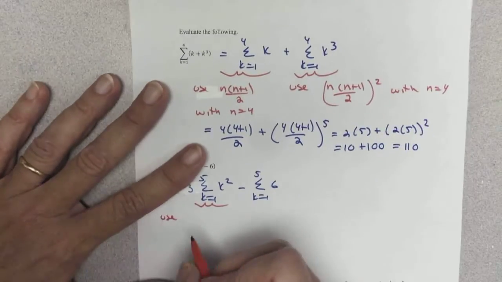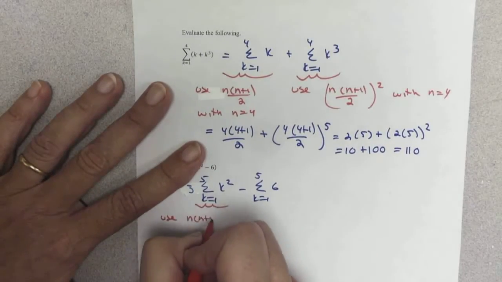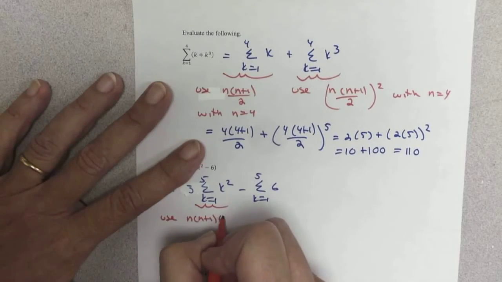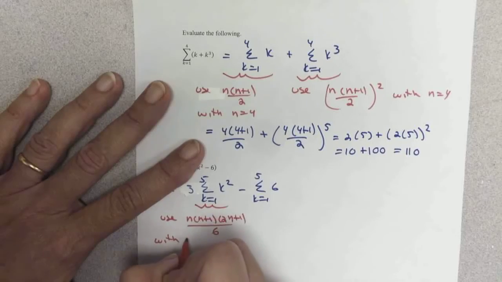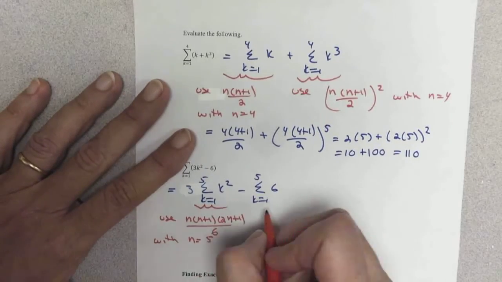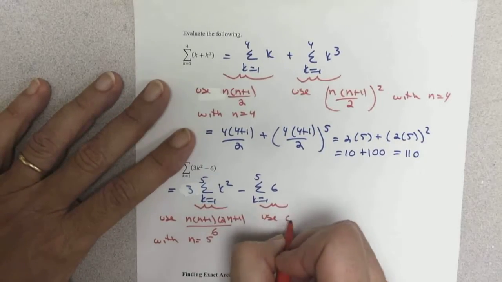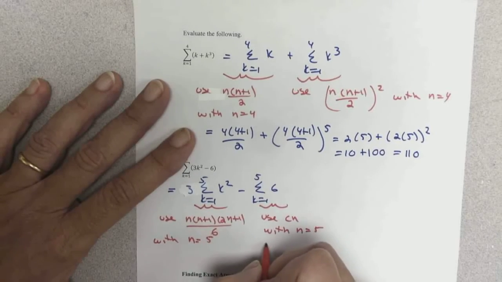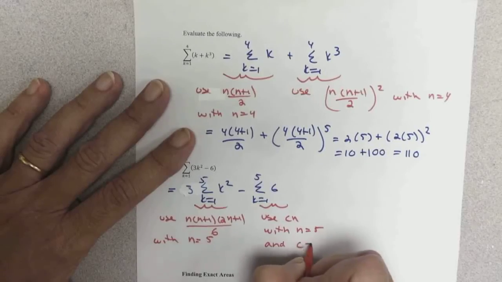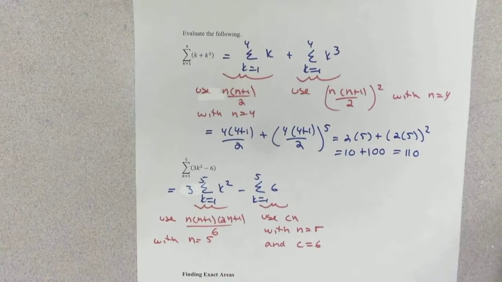Like I said, I can never memorize this one, so I'm looking over on the piece of paper: n times n plus 1 times 2n plus 1 all over 6 with n equal 5, and here use Cn with n equal 5 and C equal 6.